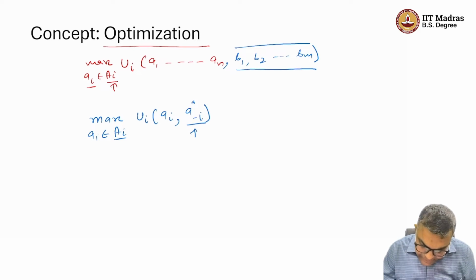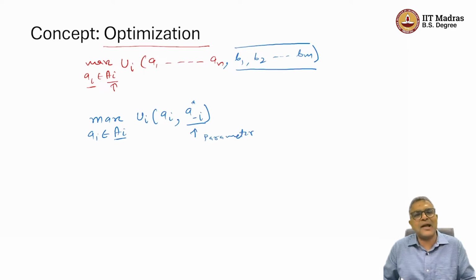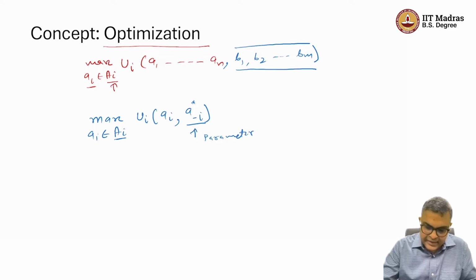Notice this is the part of the parameter over which player i has absolutely no control. It is like prices, temperature and things in the earlier setting.